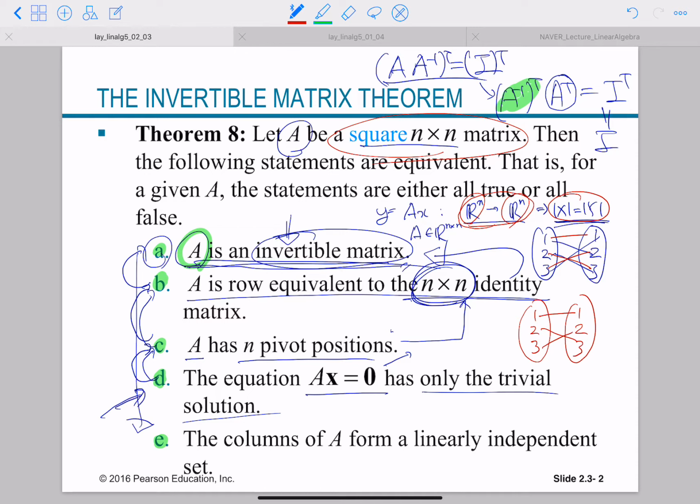So in that case, the linear independence and having pivots in every row, those two conditions may not be satisfied simultaneously, right?